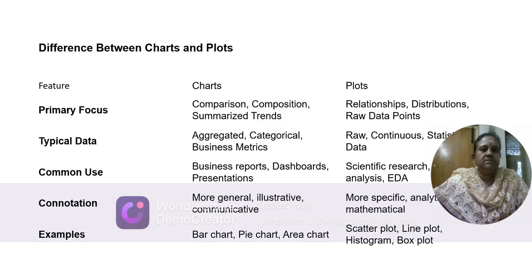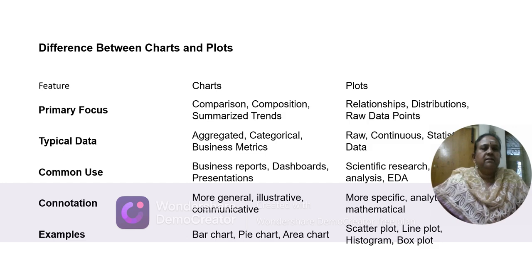And connotation is more general here, and it gives you a clear illustrative communication. Here, a more specific scientific way of analysis is required. Whereas the examples here would be a bar chart, pie chart, an area chart. And here it could be a scatter plot, line plot, histogram.